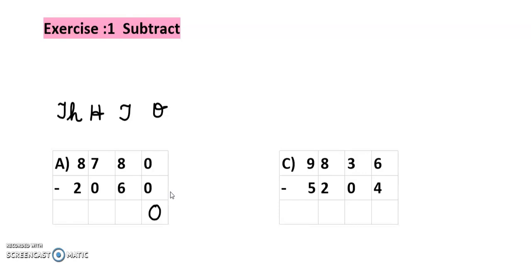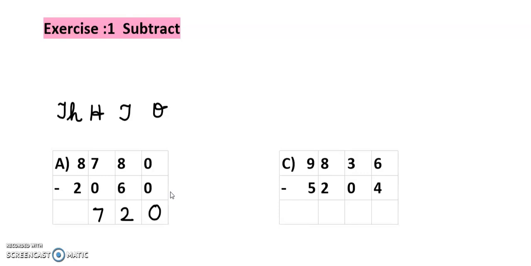So what do you have to do? You have to count 6 after up to 8. So 6 after 7, 8. So 2 is the answer. Next 7 minus 0. As I told you already, if you subtract 0 from any number, you will get the same number. So 7 minus 0, 7. Next 8 minus 2, count 2 after up to 8.